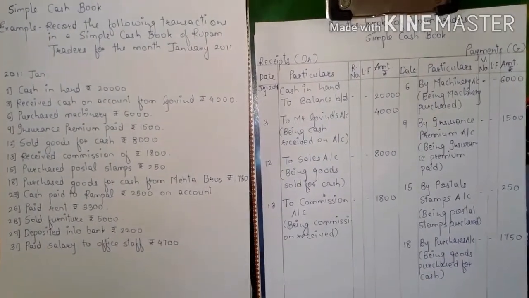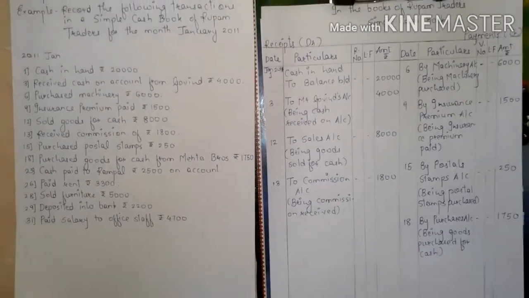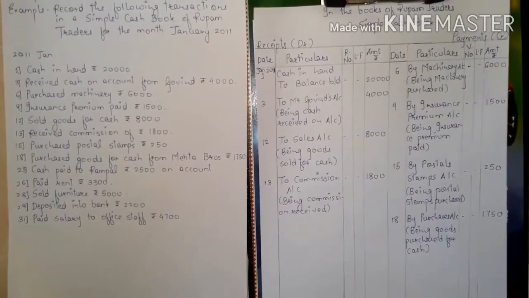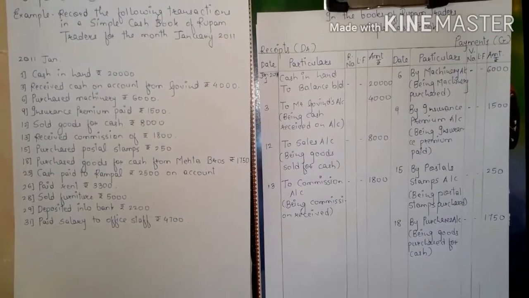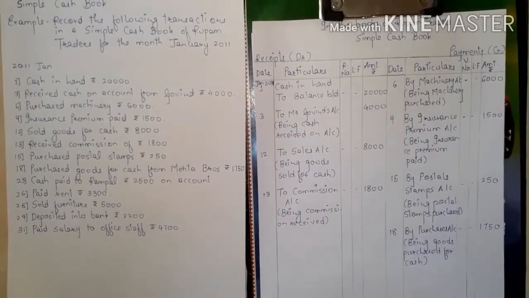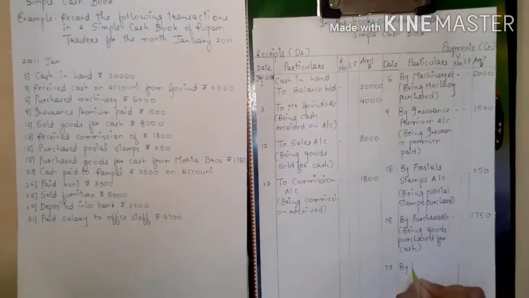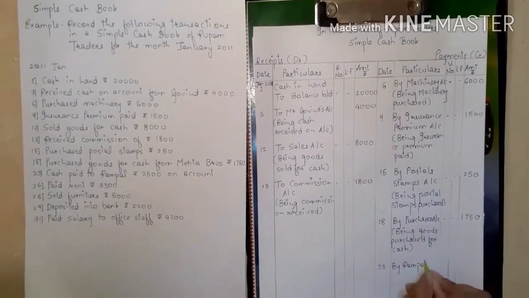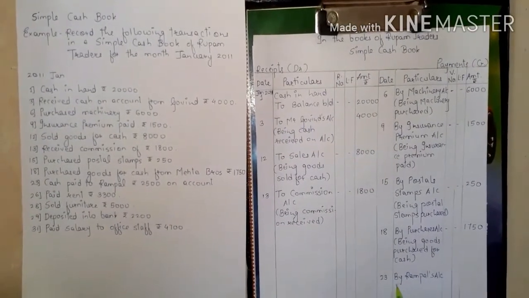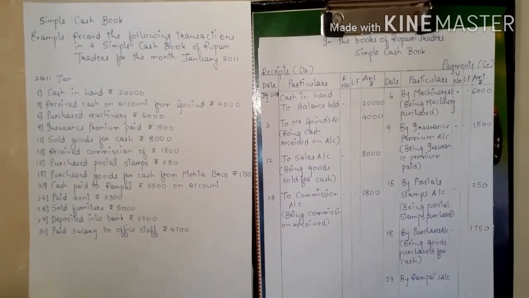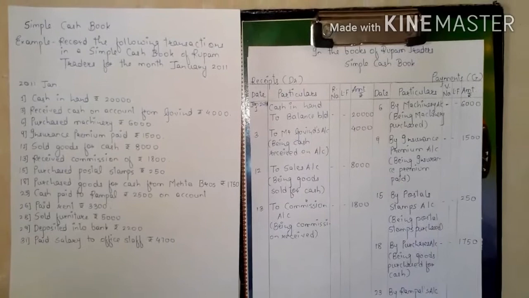Okay. Now next. Cash paid to Rampal rupees 2,500 on account. Again, we have made payment to Rampal. Again, we have to write down this transaction on the payment side on 23rd January by Rampal's account, because we are paying to Rampal, so Rampal's account will appear over here. Do not forget to write down this term by, because we are referring to that particular account of which we are recording the transaction.